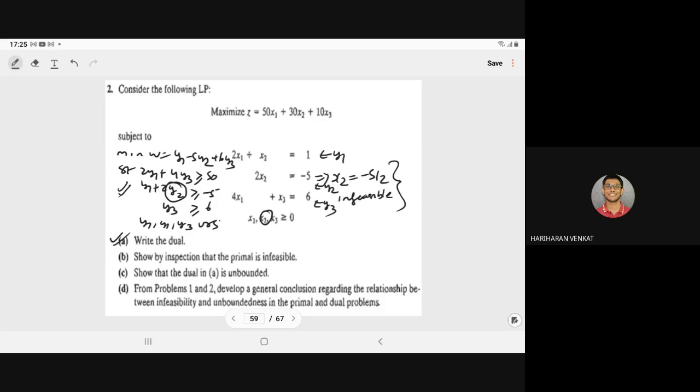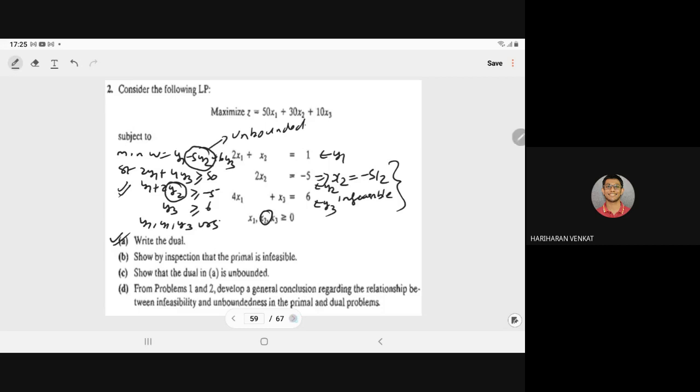Due to that, the value of W will decrease continuously. This shows that the solution is unbounded. There is no boundedness on y2 to get the minimum value. As you increase the value of y2, you will get a smaller and smaller minimum.